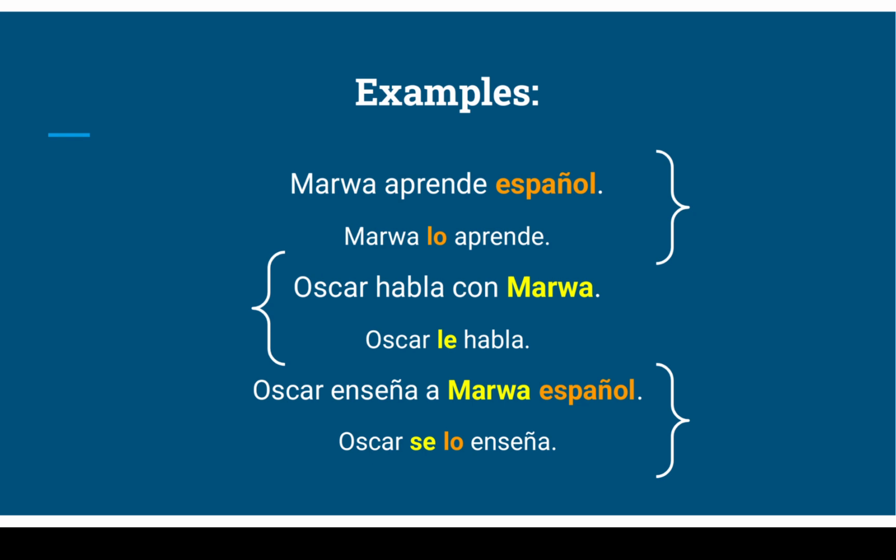Why don't we use le? Instead, we are using se. It's because we don't want to repeat the sound of the L at the end. So the correct form is to use se lo, because in that way it's not redundant. So the proper way is to say Oscar se lo enseña. That means Oscar teaches it to her.